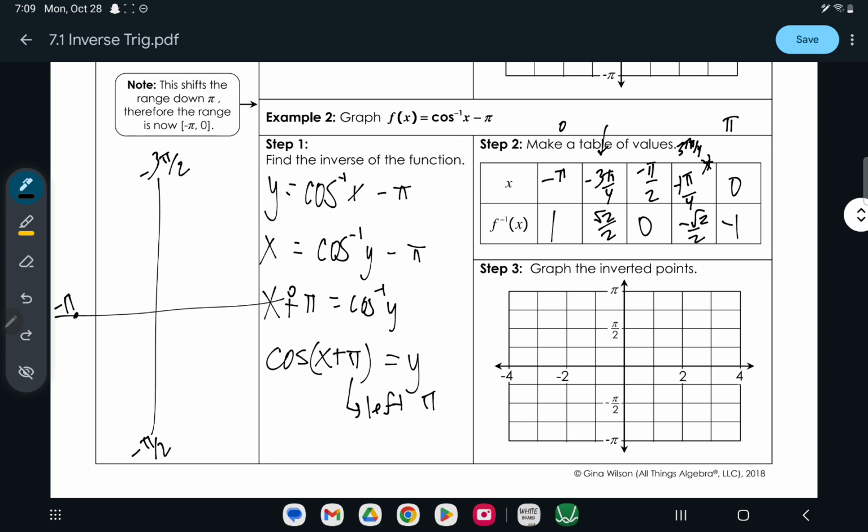Oh, because even this, though, this would be negative 1. Why is it the cosine ones that always give me the most trouble?